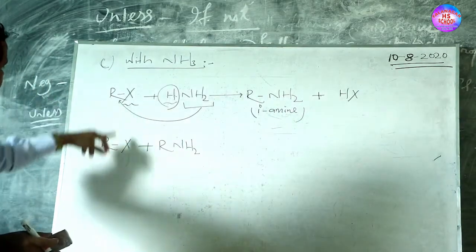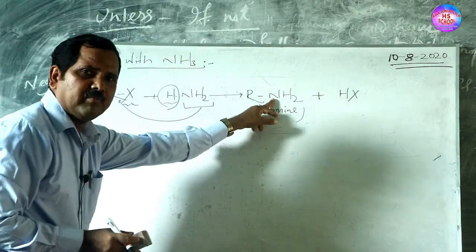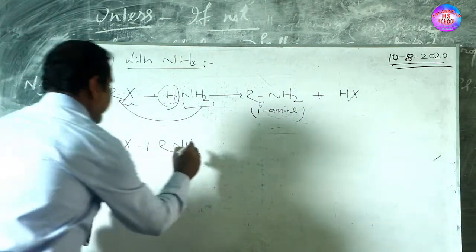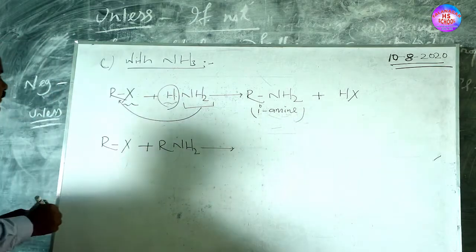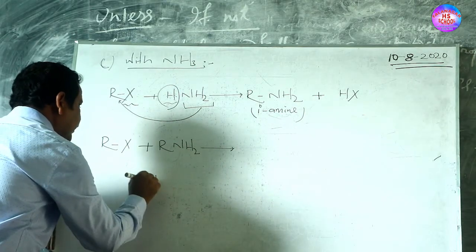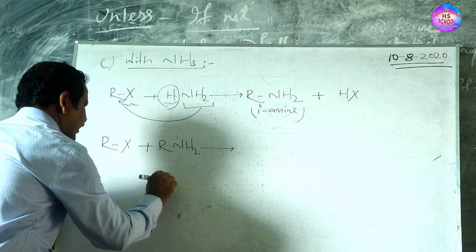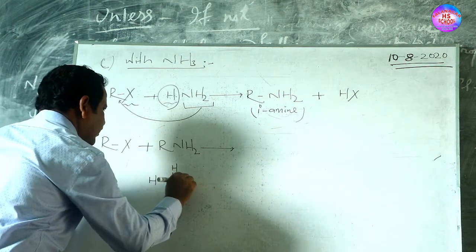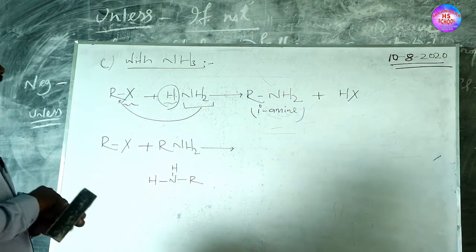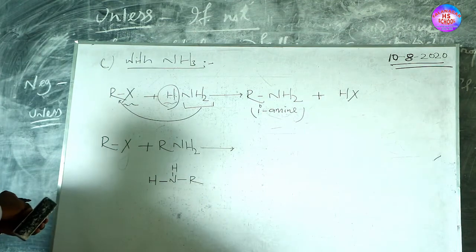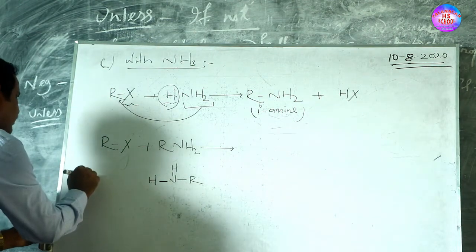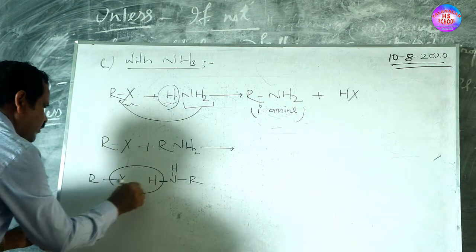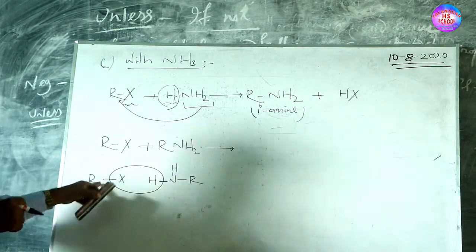RX plus the product formed, RNH2, combine to produce R2NH. The halogen atom as HX will be removed.